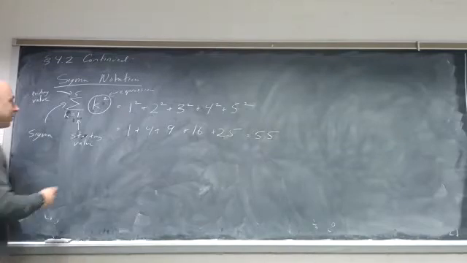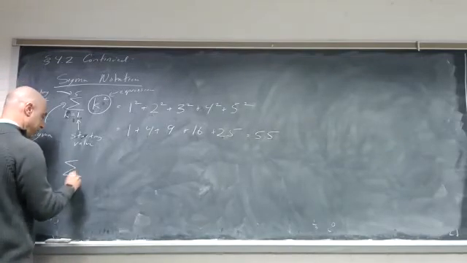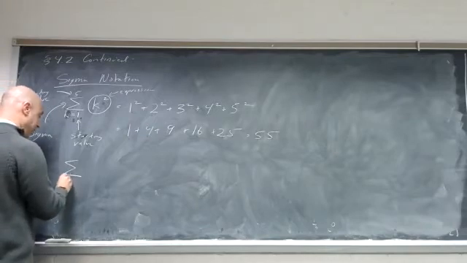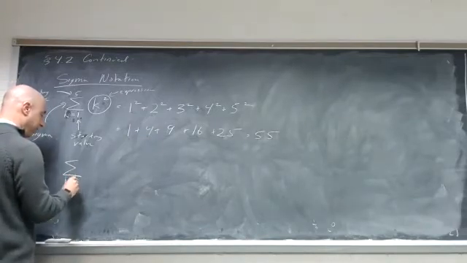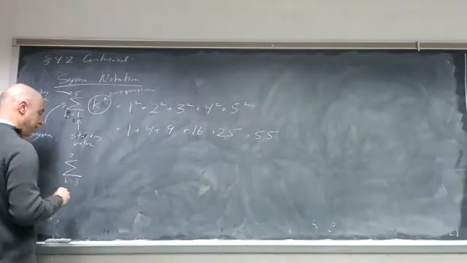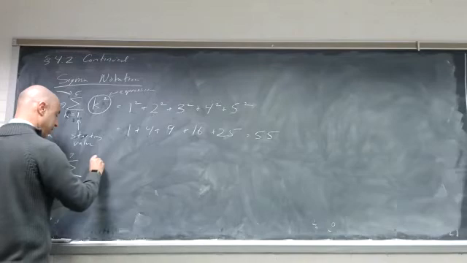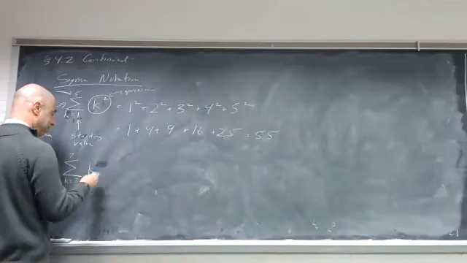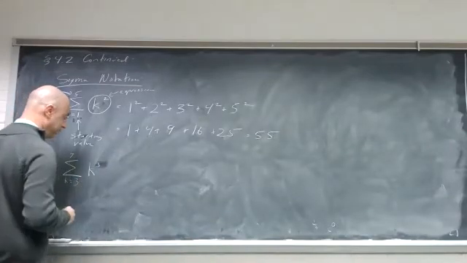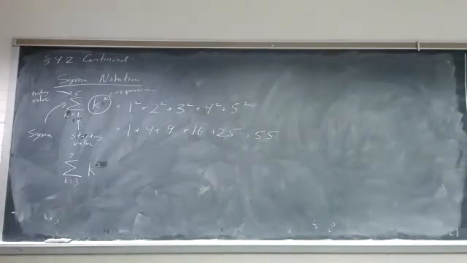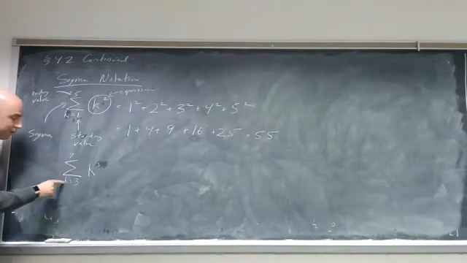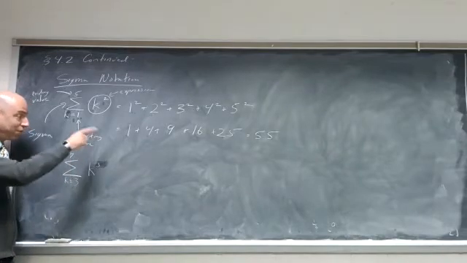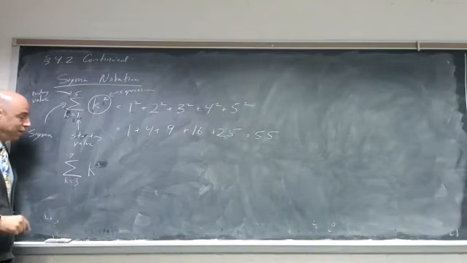Let's do another one. How about the sum as K goes from 3 to 7 of, let's make it, K cubed. So this time our starting value is 3. We go all the way to 7. We're going to have a bunch of plus signs because sigma always means sum.